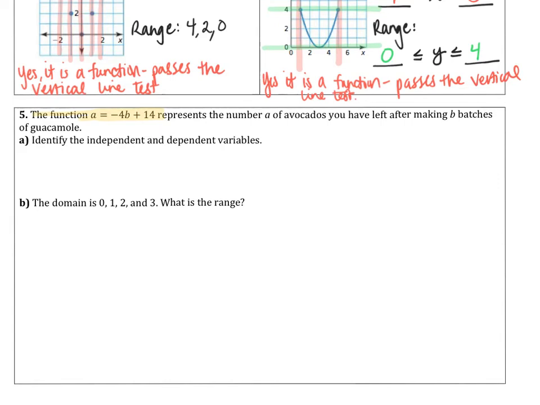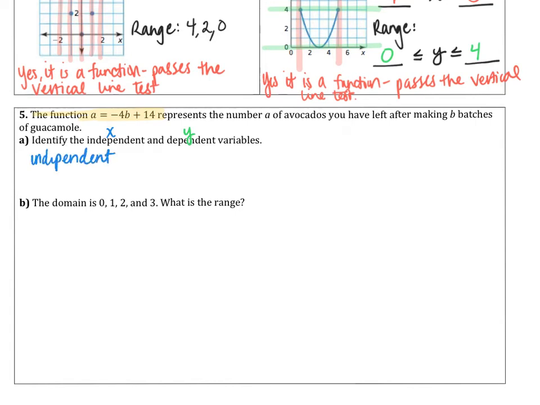Remember, the independent variable is your x value and the dependent variable is your y value. Based off of what we already know, let's talk about this. Your independent variable is what you put into the equation.